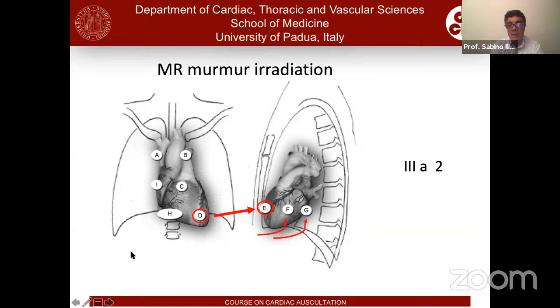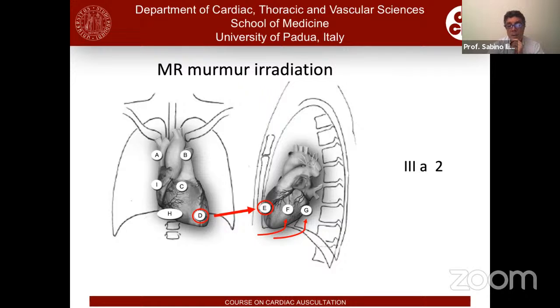What can happen is that for some reason, the maximum is no longer here, but is here. But this is not the area of mitral valve auscultation in terms of maximum intensity, but it can occur.